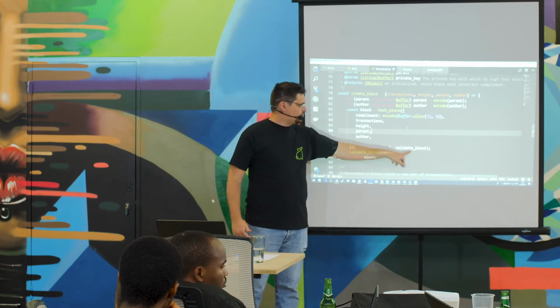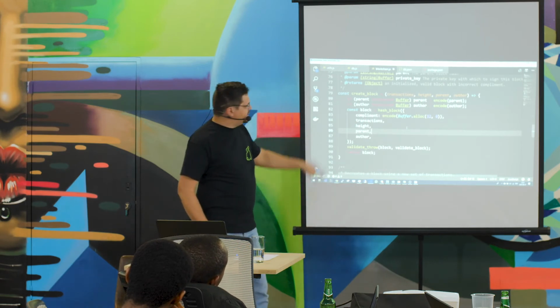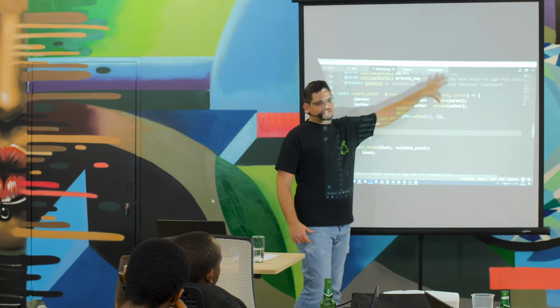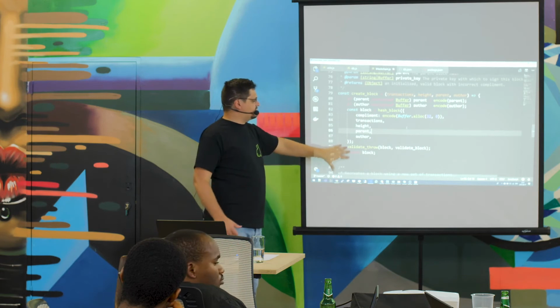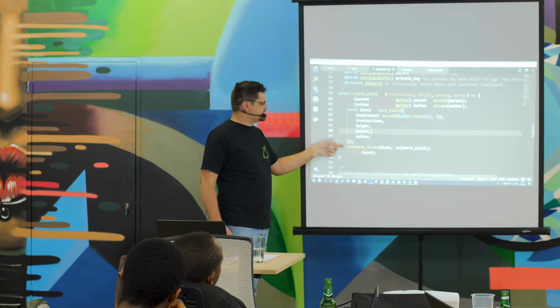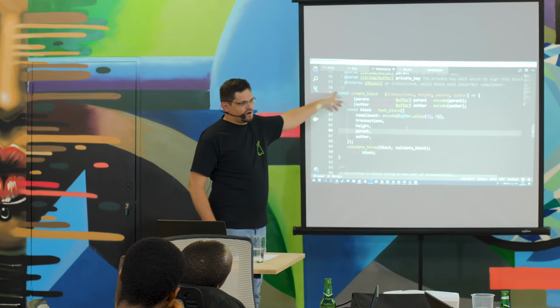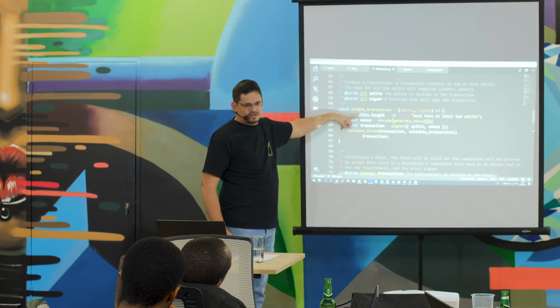Validate throw basically calls this function and throws an exception if the block is invalid. So the idea is that if you call this with transactions, height, parent, and author, you've already checked that all these things are valid. And if it's not valid, this thing is going to throw an exception. So this just makes sure that the block that you created is valid. So this function won't ever return an invalid block, and this function won't ever return an invalid transaction.